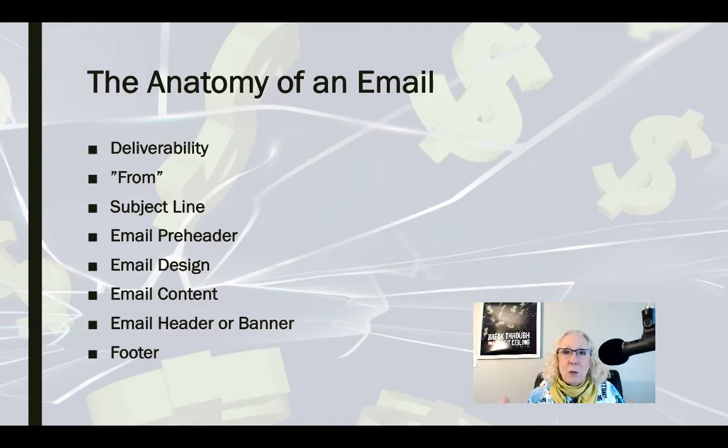The content is really, really important. When you think about best practices, think of content that's really easy to read, maybe bullet points or short sentences or short paragraphs. If I open an email that looks like I'm reading a book, I'm closing that email and moving on. I'm never going to read through all of that. So you want really good content that's easy on the eye and easy to consume.